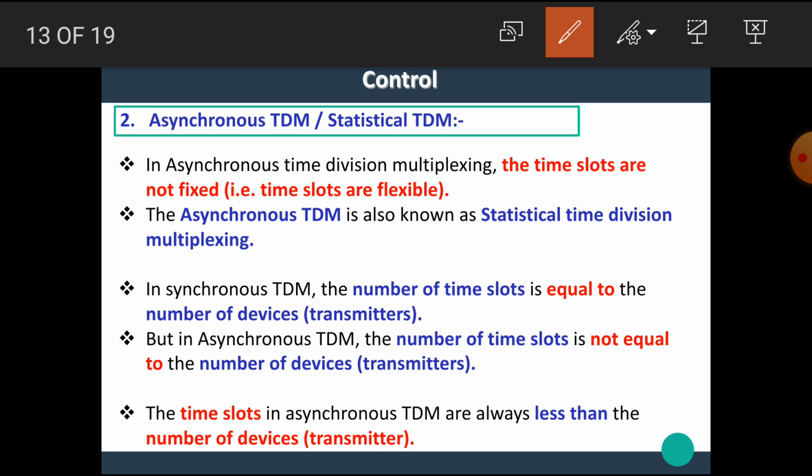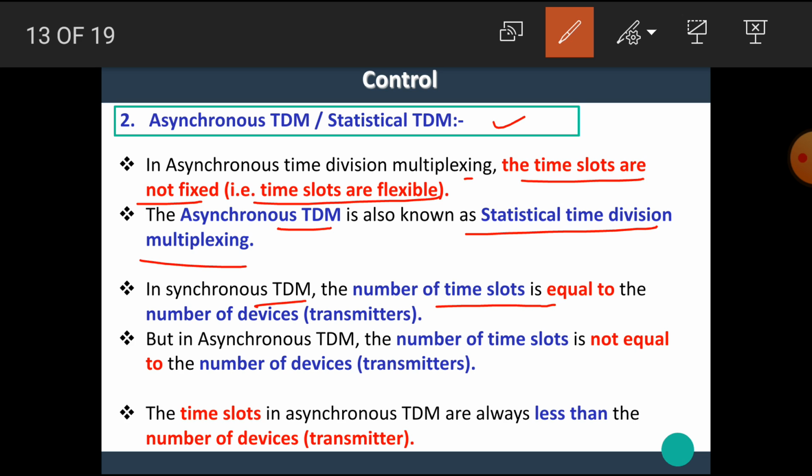Now let's see the asynchronous TDM or statistical TDM. In asynchronous time division multiplexing, the time slots are not fixed. That is, the time slots are flexible. The asynchronous TDM is also known as statistical time division multiplexing. In synchronous TDM, the number of time slots is equal to the number of devices or transmitters.